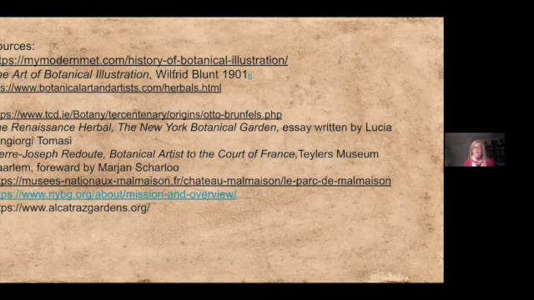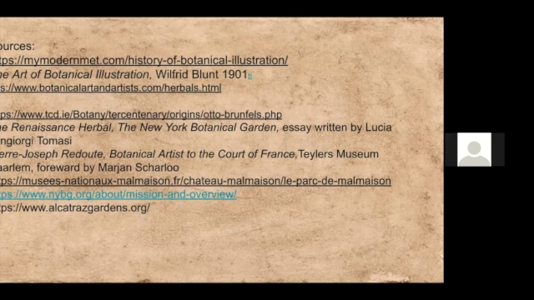Sure. I don't know if it's a good question or not, but you had said in the beginning of the talk that they would paint on vellum, that the Durer was painted on vellum, which was calf skin. Correct. And then later on, you said that the guy's name was McEwen, and his painting was on vellum.